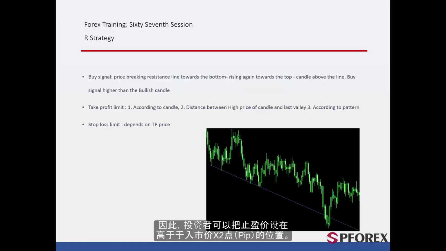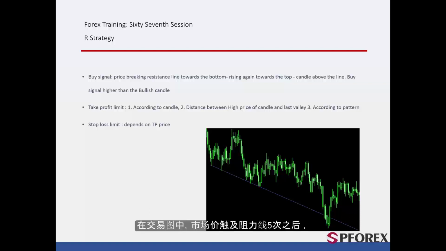Thus, a trader can consider TP price x2 pips higher than the entry price. 3. If a powerful pattern forms in this region, a trader can consider the third TP price via this pattern. SL price can be determined considering the TP price that a trader selects.